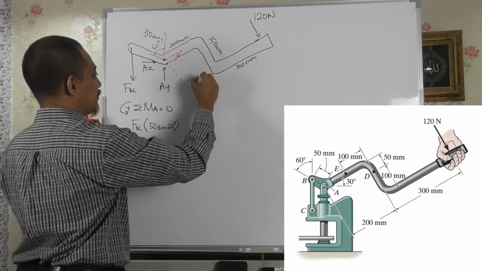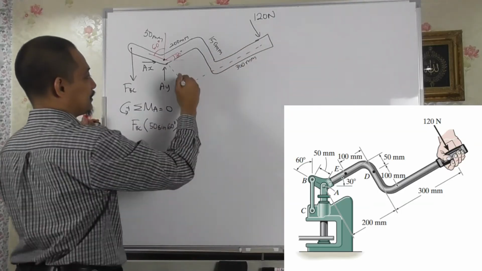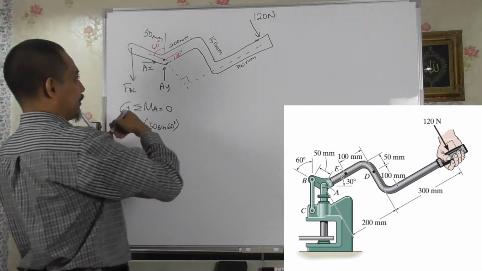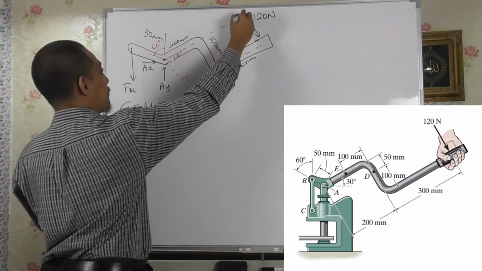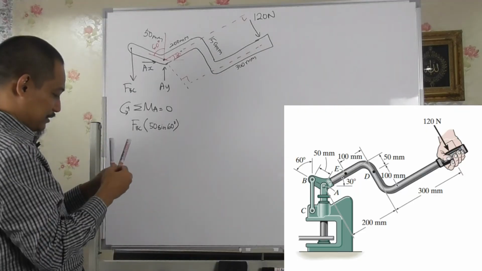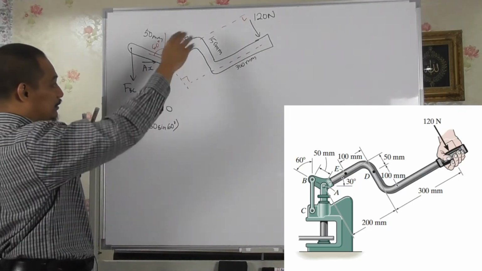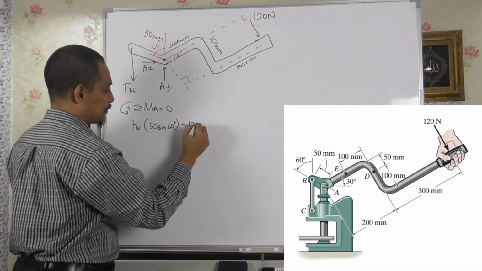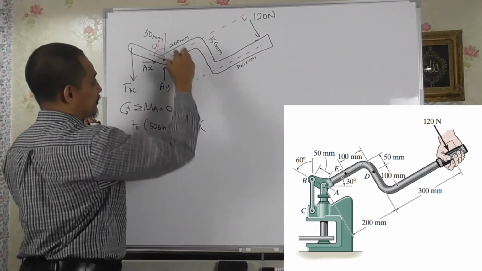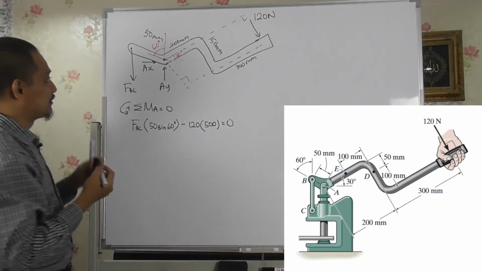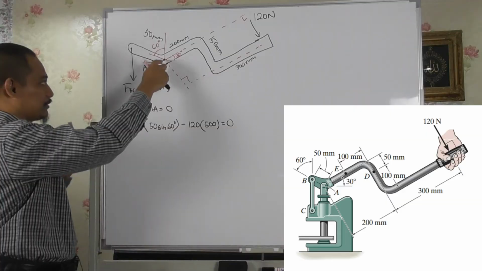So if we have this distance here, it is perpendicular to this one, or if I redraw it here, perpendicular there, right? So the force times the distance gives the moment. So this one is clockwise, so minus 120 times the distance of 300 and 200 becomes 500. So 500 equal to 0, right? That's the only force outside of this one, right?